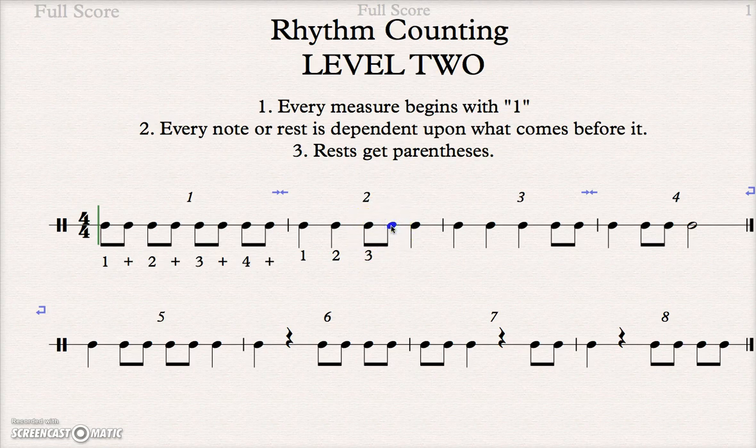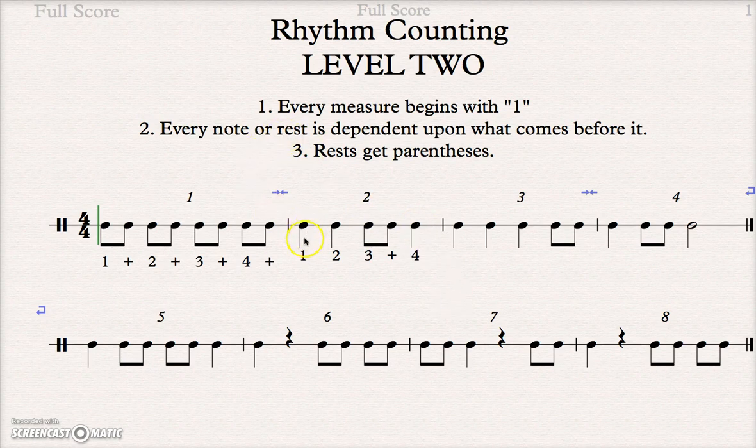This note here we will call and, because it's the second half of the beat. Once we play or sing or count this note here, then we are done with beat 3. These two eighth notes combine together to be one beat. Therefore, we can go on to beat 4.